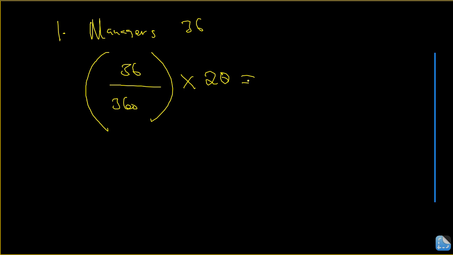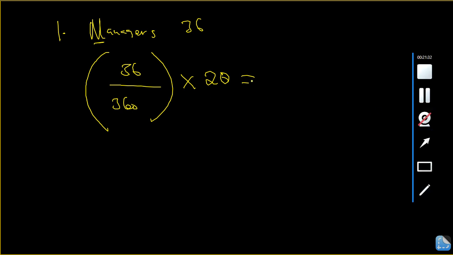So this means: how many managers should we get from the population that will be part of the sample size of 20? That is the rough interpretation of what we have just done here.